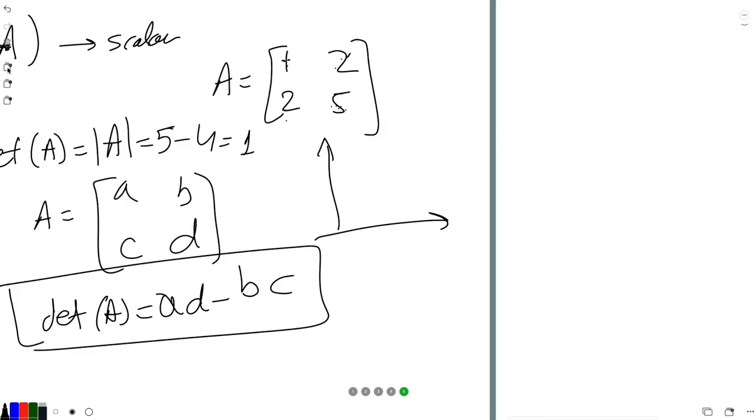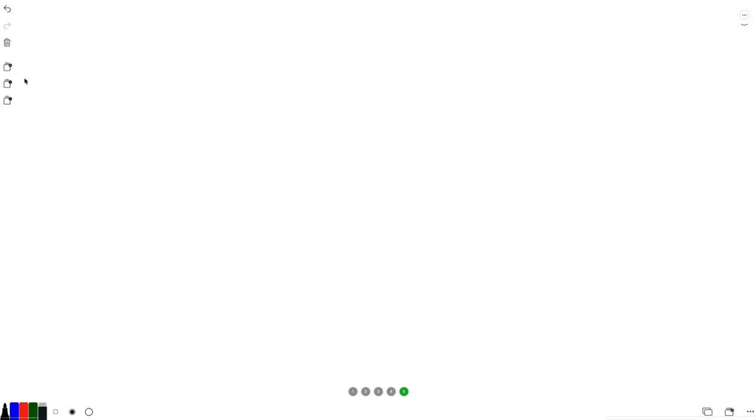Of course you can find the rules to solve it in books, but here I will do it with some numbers. Assume that A is 1, 2, 3, then 0, 0, 1, and let us put here 2, 1 and 0.